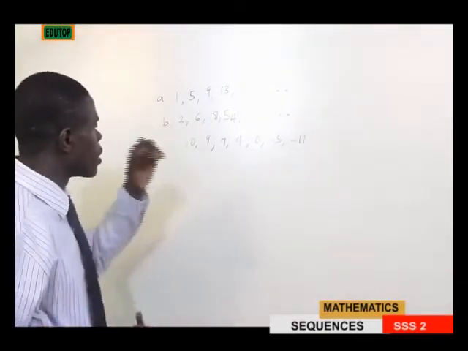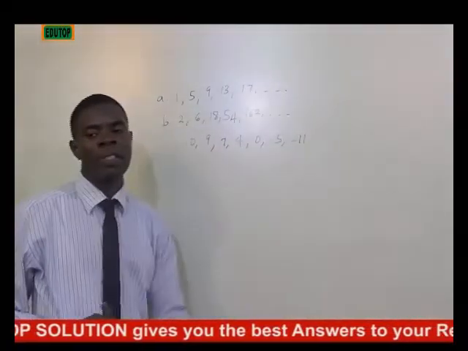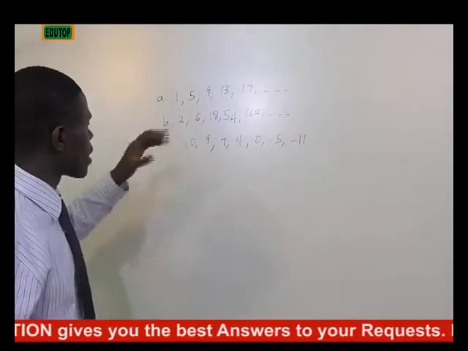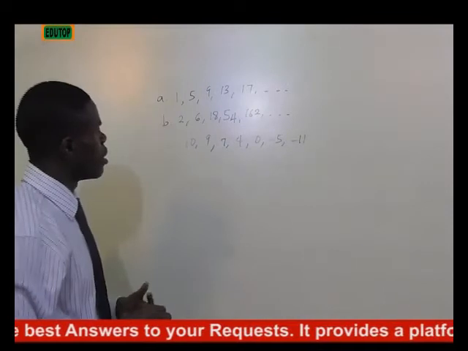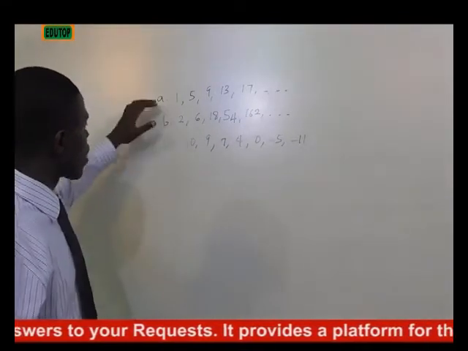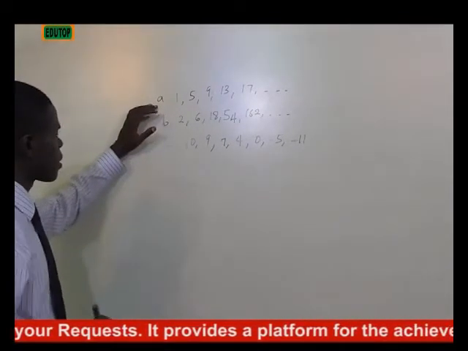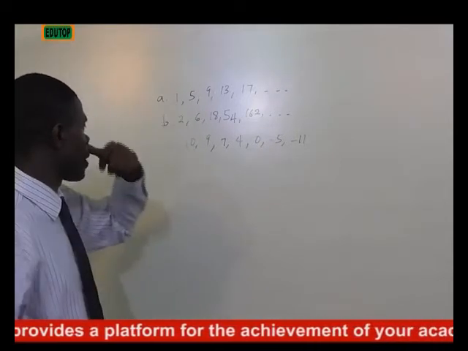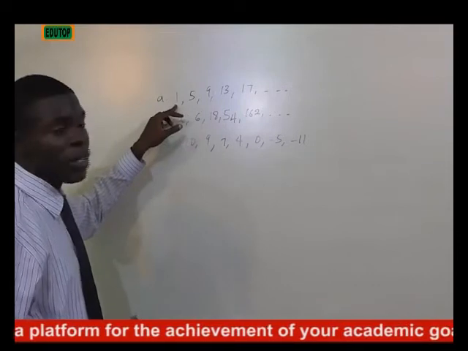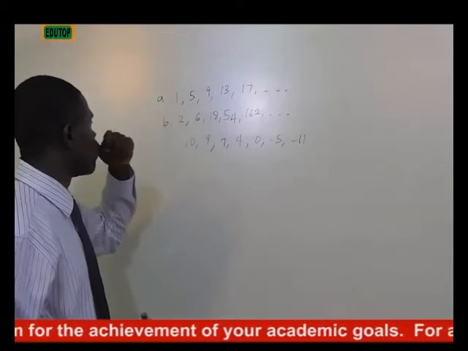So if you are to look for the 3 consecutive terms here, we study the pattern so that we can deduce what would be the trend. If you look at the first question, which is A part, the first term here is 1, while the second term is 5.